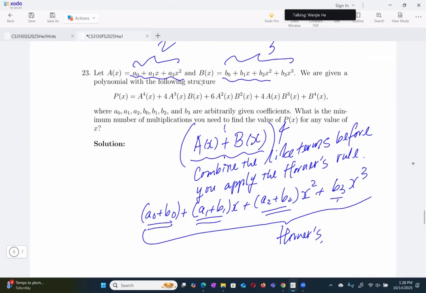For the first 3 terms, you share multiplications. If you do not combine the first 3 terms, you need to do it twice. In A part, you do it once, B part, you do it a second time. That's not efficient. After combination, you only do it once.